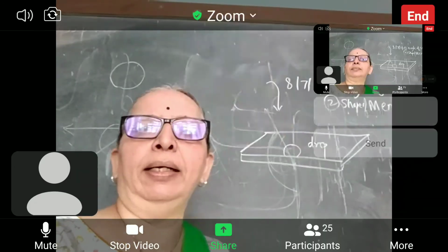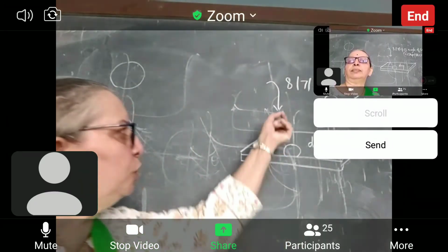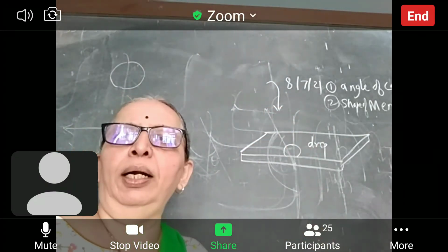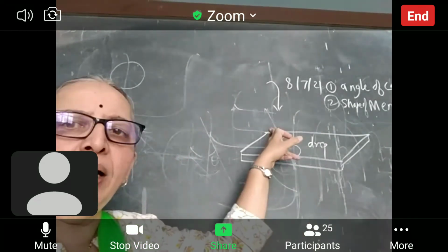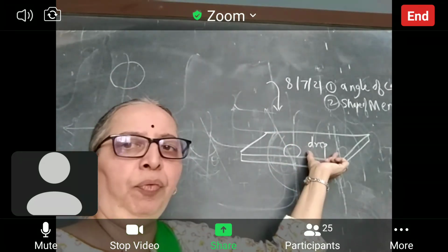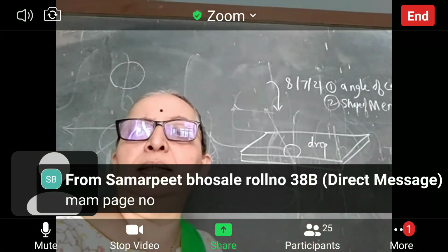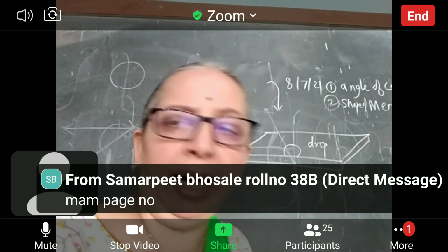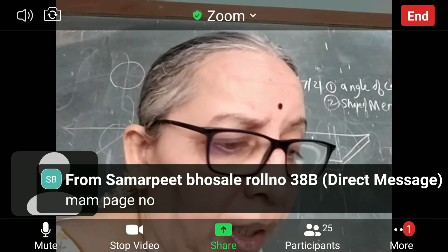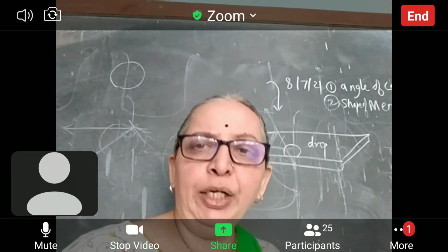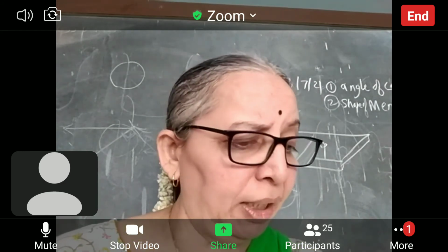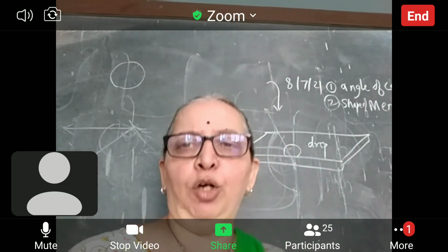What happens here when a smaller quantity is poured? That liquid takes the shape of either a drop or it spreads. Page number 38, उसके नीचे देखो, shape of liquid drops.